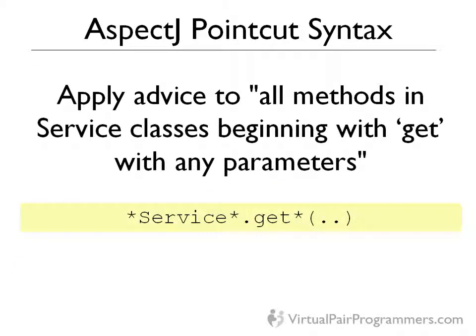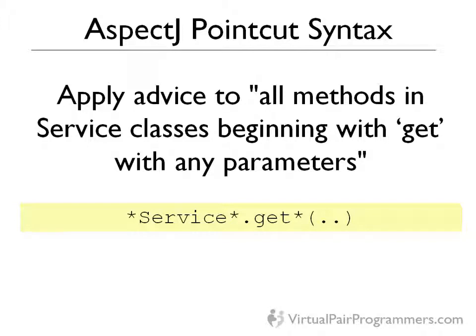So I'll change the example again, and we can instead use this dot dot notation. And the dot dot notation means we really don't care about what types of parameters are accepted by the target methods.